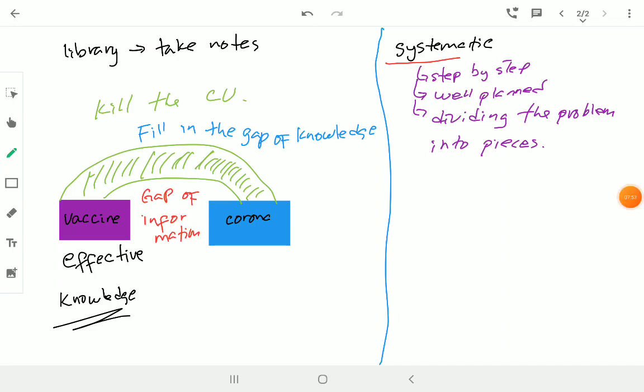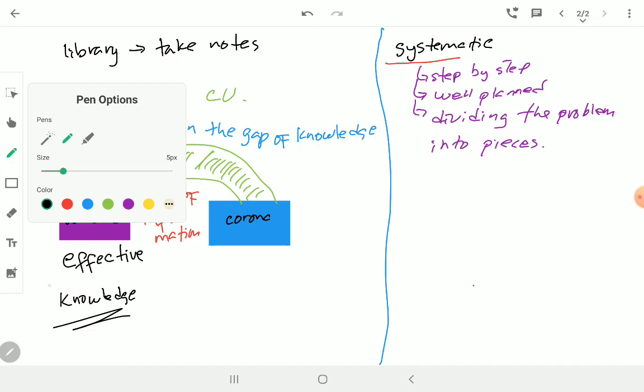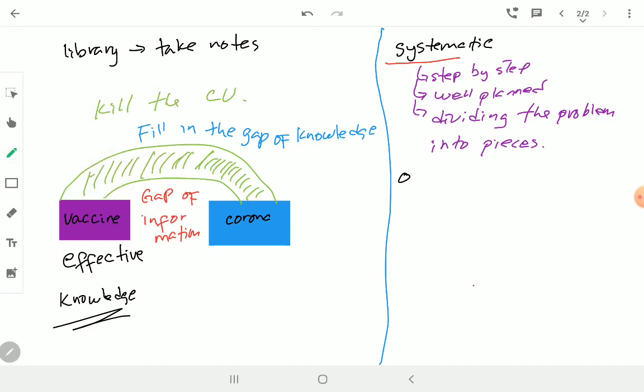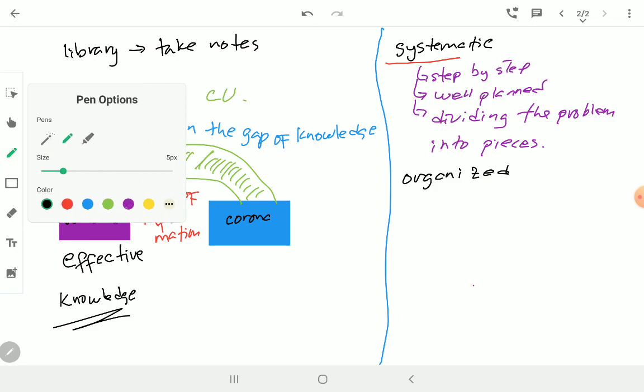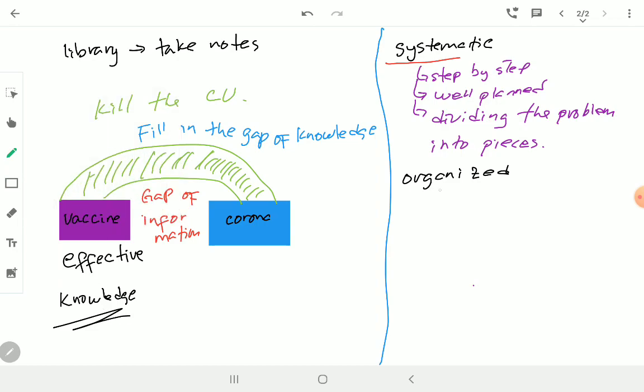So a mere googling of information is not considered research. It should be systematic. What else? It should be organized. That's another important thing. Research is systematic. Research is organized. Because you're following the system, you document it.